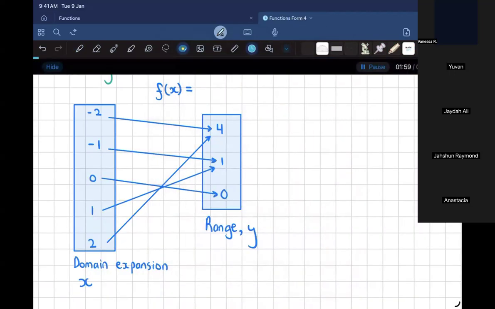Let me check the chats. Anastasia, many-to-one. Yeah, that's the type of function. You're correct, but I want you to figure out what the function is. So f of x would be equal to what? What am I doing with x to get y?